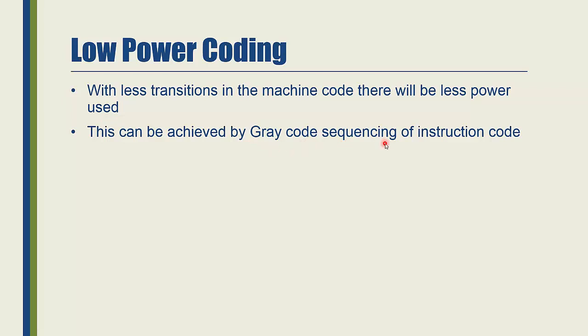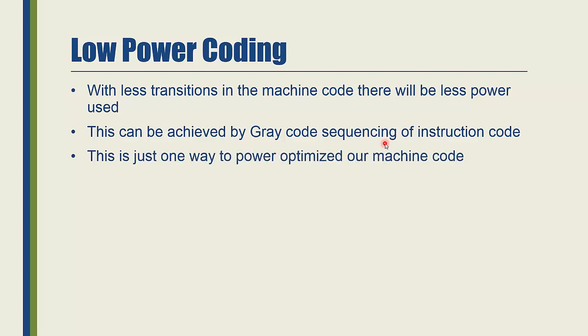We can use statistical information about which instruction will be followed by which instruction to get the statistical probability of the sequencing of certain instructions. If we have that information, we can design our machine code to have as few bit changes as possible in the general kind of coding. This is just one of the ways to optimize the power that our machine uses by manipulating the instruction code.